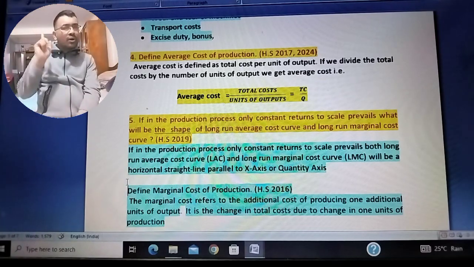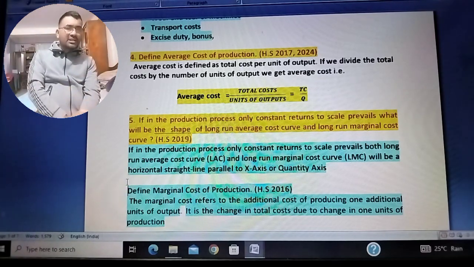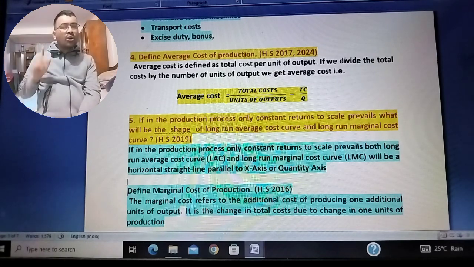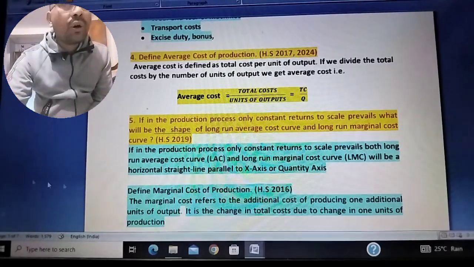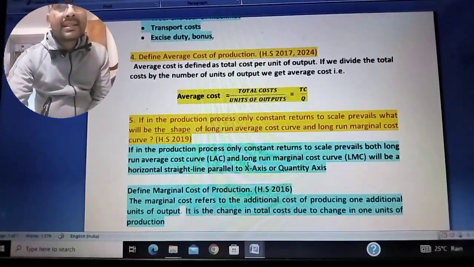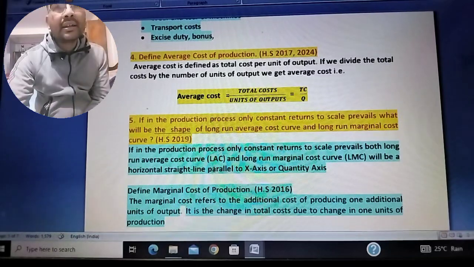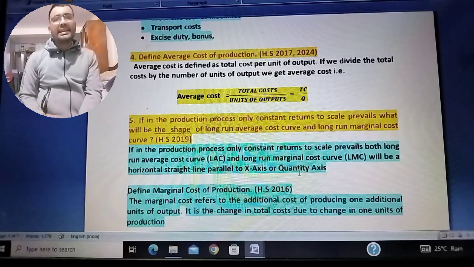See, if constant returns to scale exist, then both the long run average cost curve LAC and long run marginal cost LMC will be a horizontal straight line parallel to the x-axis or quantity axis.